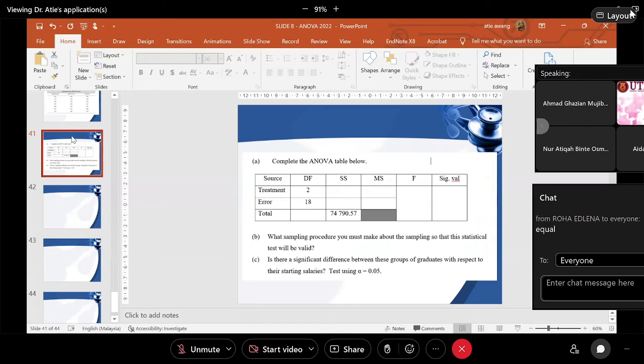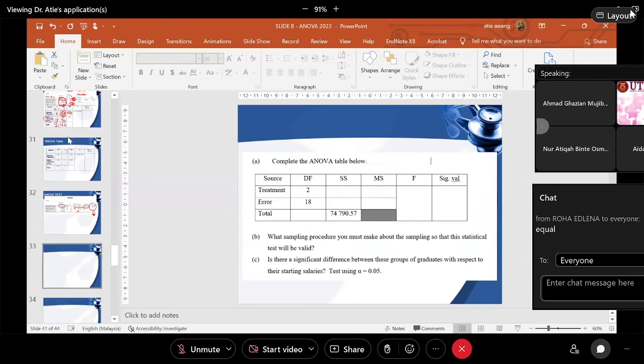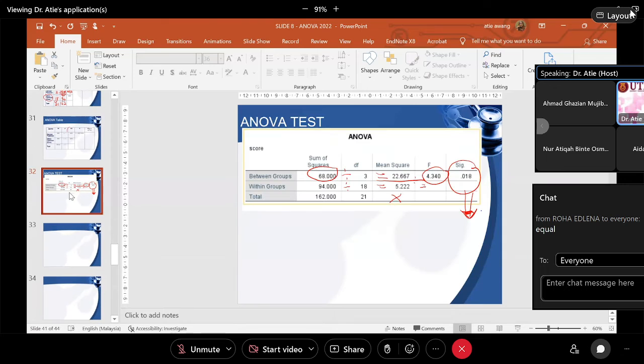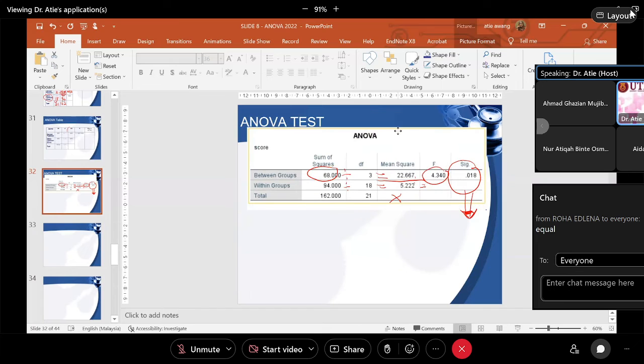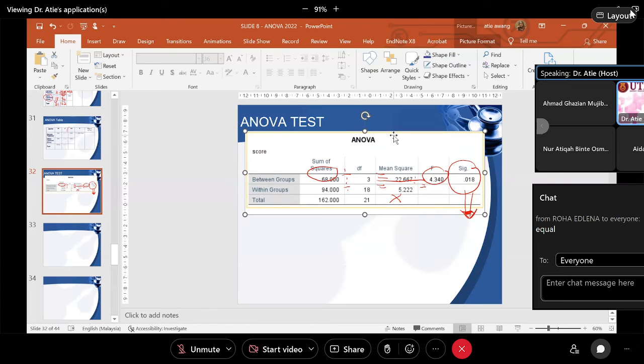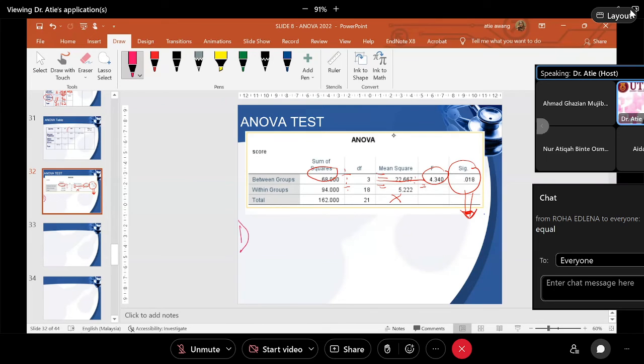All right. So ANOVA. So let's do now. We want to do the ANOVA test. Okay. ANOVA test, all right. So step number 1, okay. So we just say we want to compare 4 groups, right?